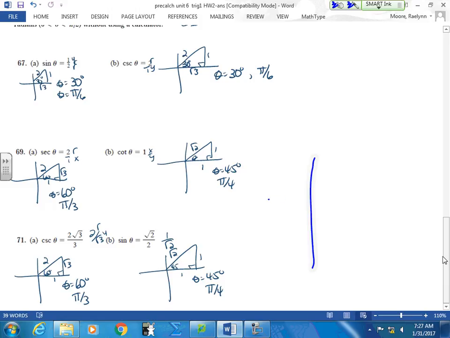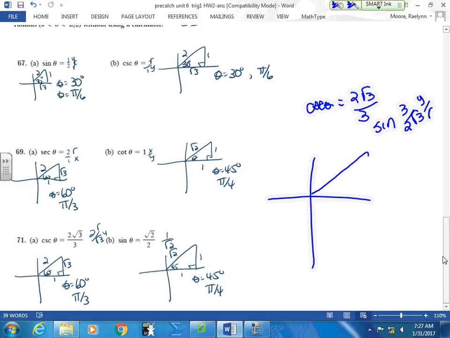71, which one? First one or the second one? First one. So if we're a cosecant of 2 radical 3, what's the cosecant reciprocal of? Sine. So if you do y over r, okay?